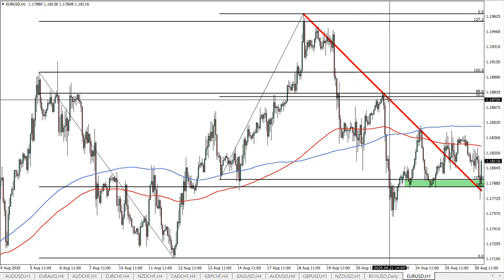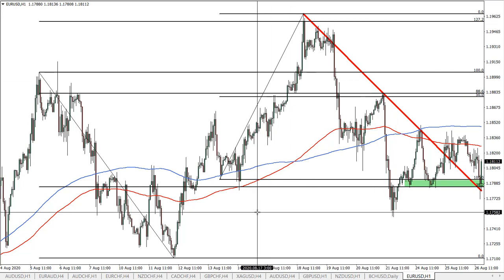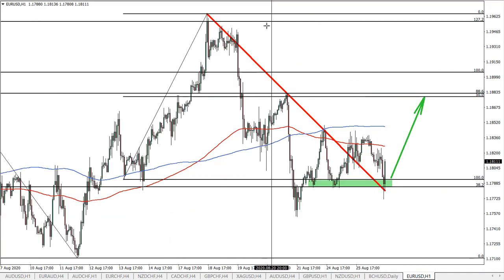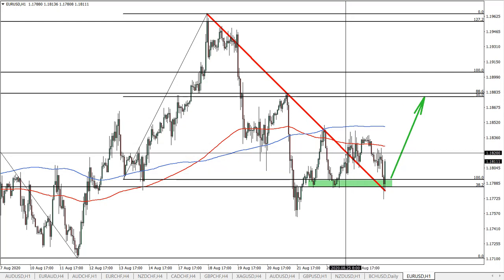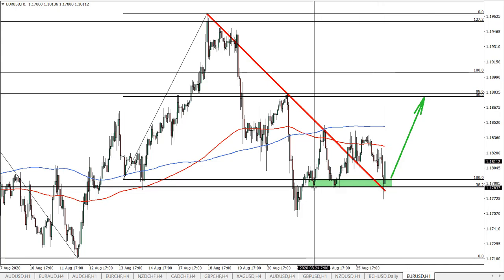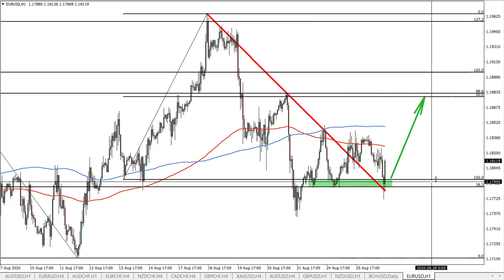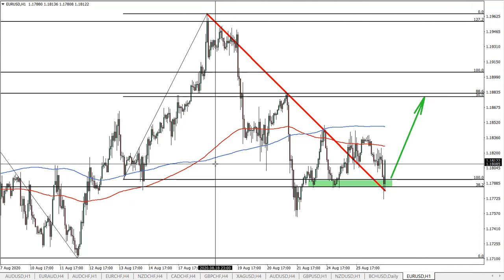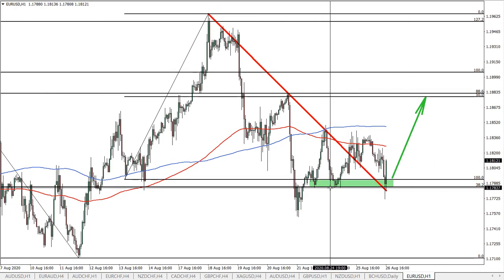This rejection I have used to draw the downtrend trend line, and clearly it has been broken at this point. Then price produced the triple top. We can see it first attempted to go lower, then rejected. All in all, this is 38.2 fibs of this wave to the downside, and this is acting as the support.